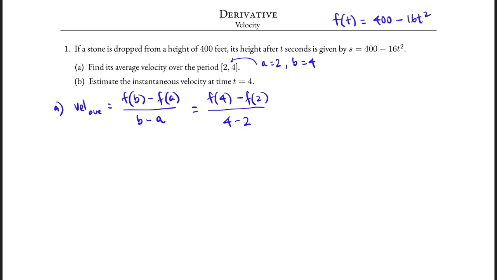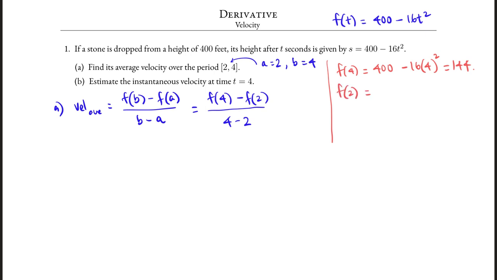To evaluate this expression, we would need to know what f of 4 is. F of 4 is 400 minus 16 times, we substitute t with 4. And this will give us 144, using a basic calculator to compute this.